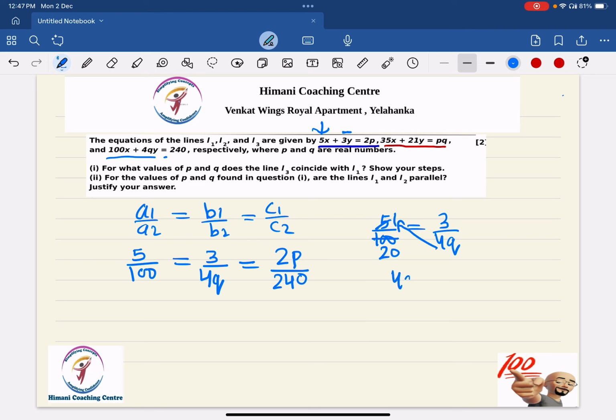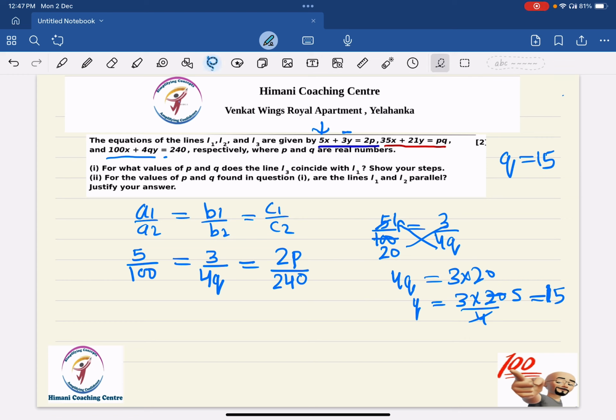So this becomes 4q equals 3 times 20, or q equals 3 times 20 by 4, and hence q is 15. Okay. So we get the value of q as 15. Pause the video and note this down.